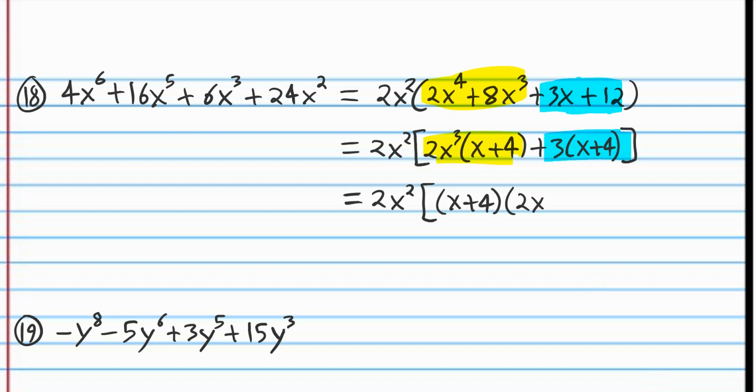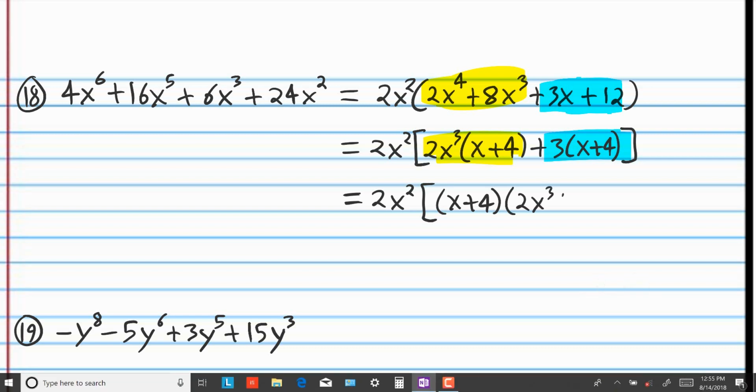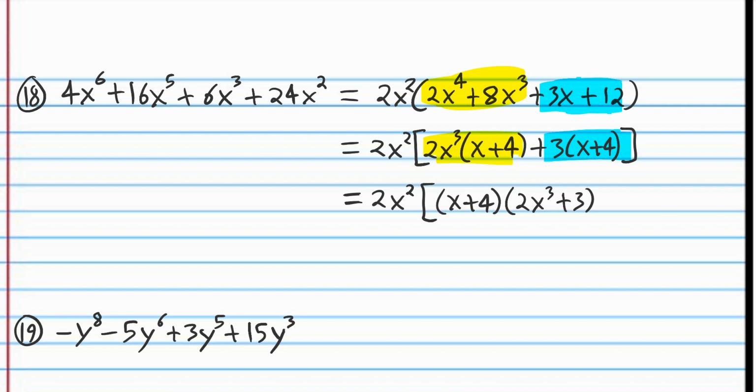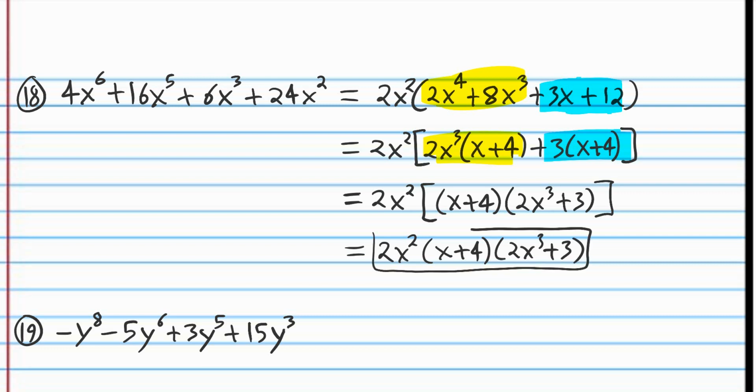And you're left with the 2x cubed plus 3. All right, so at this point, we just have one more step because we don't really need the brackets. So we can just get rid of those brackets, and that would be the final answer.